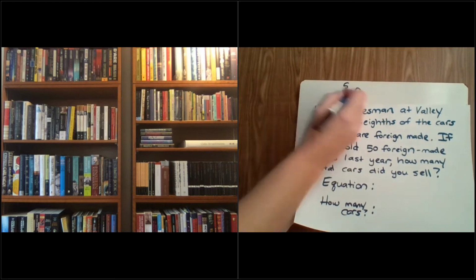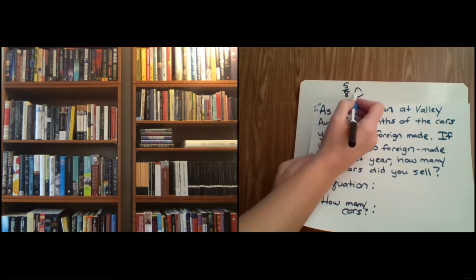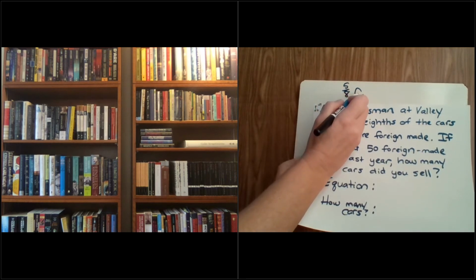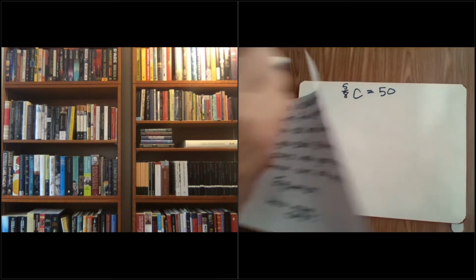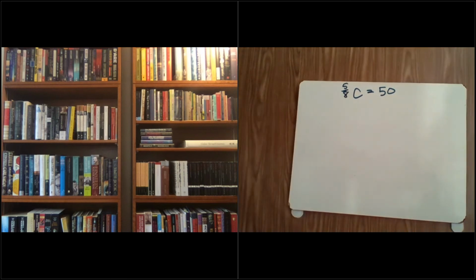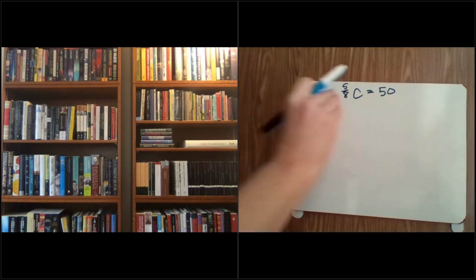This expression means 5/8 of cars, times cars. And we know that 5/8 of the cars equals 50 foreign cars. Okay, that's my equation. Now I just need to solve for how many cars.